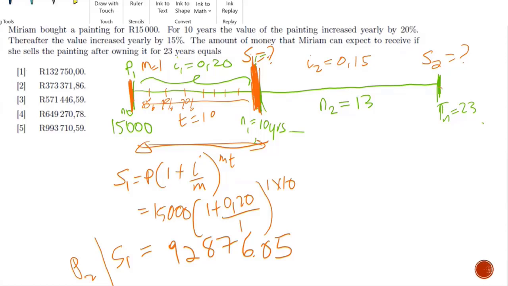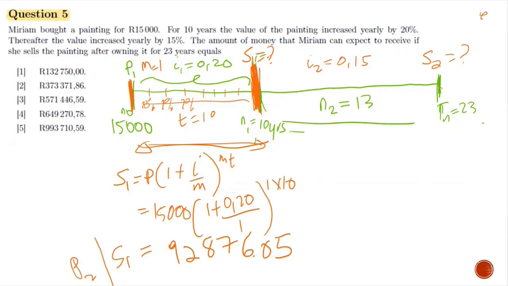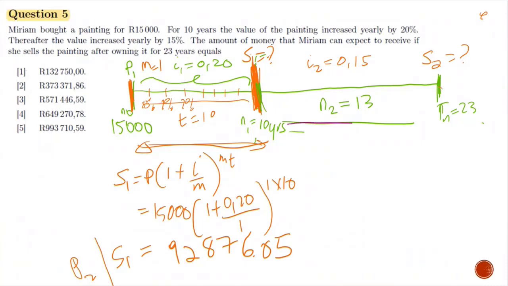Let's use purple. So now let us start again for this period. We start here with a new amount, which is this one, and end here. So we still do the same thing using this very same formula.